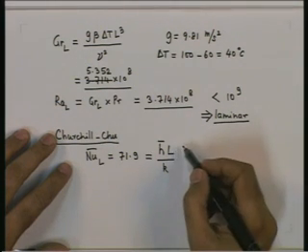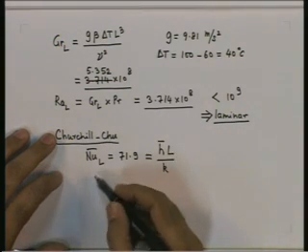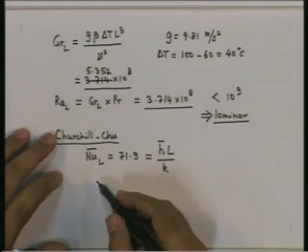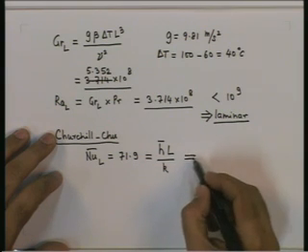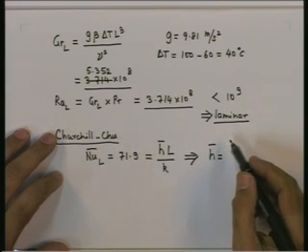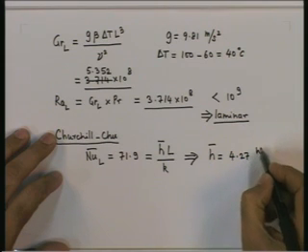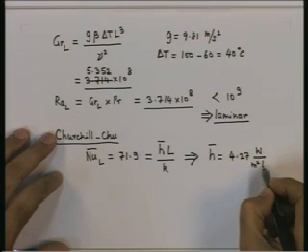We know length, we have read off the conductivity, so only unknown is the average heat transfer coefficient, and this gives us the average heat transfer coefficient to be 4.27 watt per meter squared Kelvin.